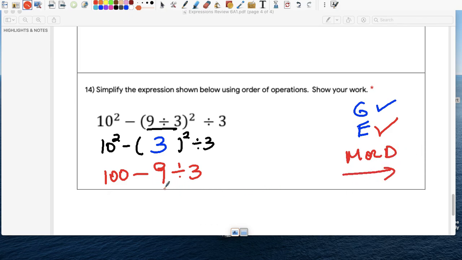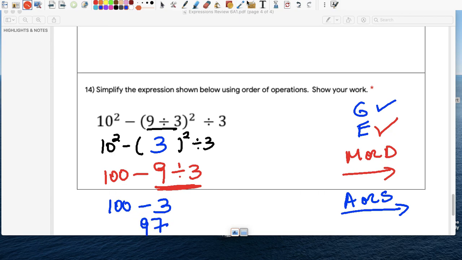Do we have multiplication, division? No, we have division. So let's do that first. So 100 minus 9 divided by 3 is 3. Finally, we do addition or subtraction from left to right. Well, there's only one operation left, so the final answer is 97. Okay?